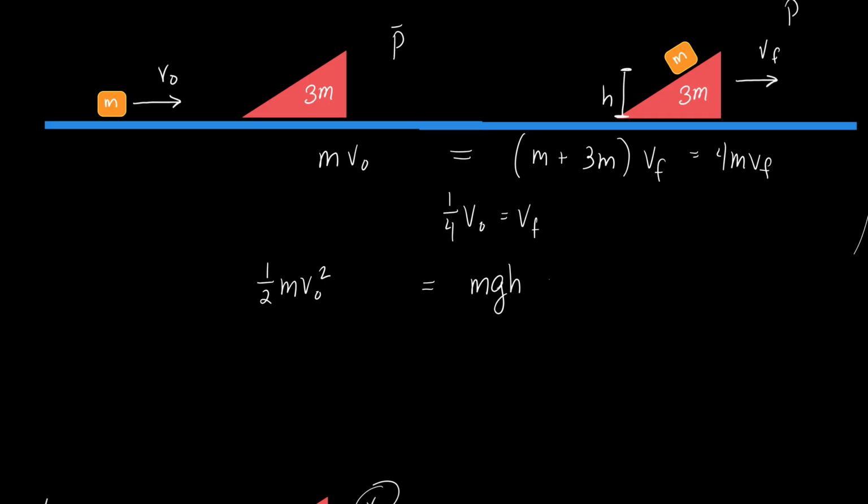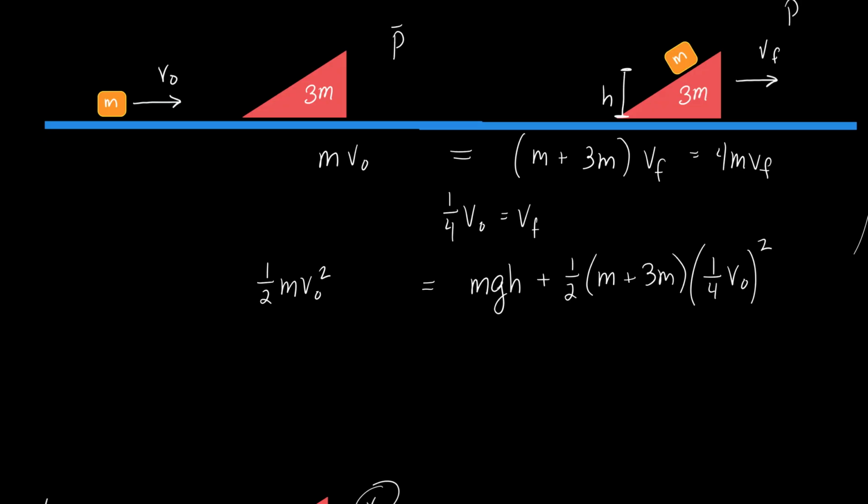Now the block and the wedge, they have the same velocity. So I will combine them as one object with kinetic energy equal to 1/2 total mass times their velocity squared. This would be V final squared, which we already know to be 1/4 V naught squared.